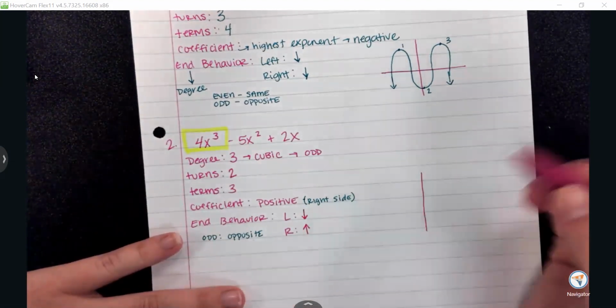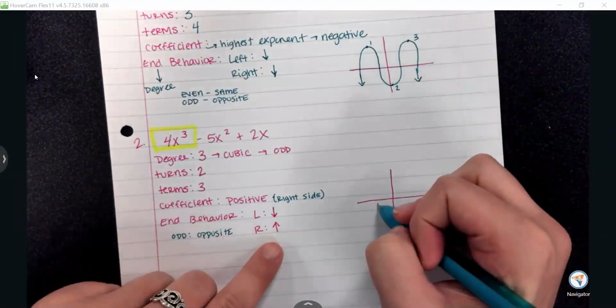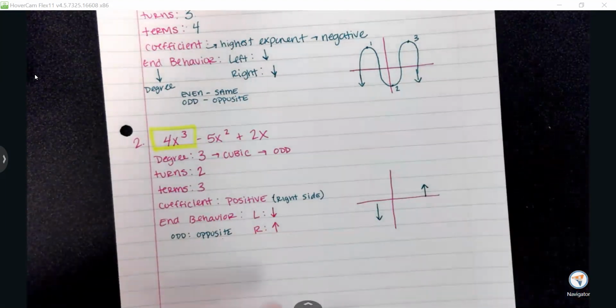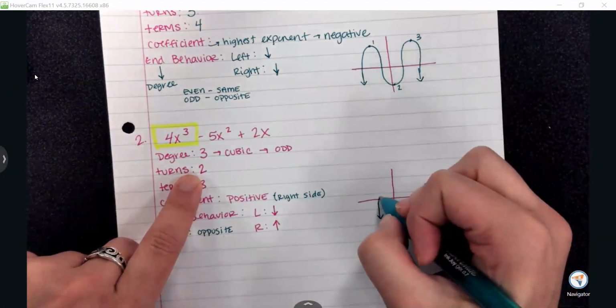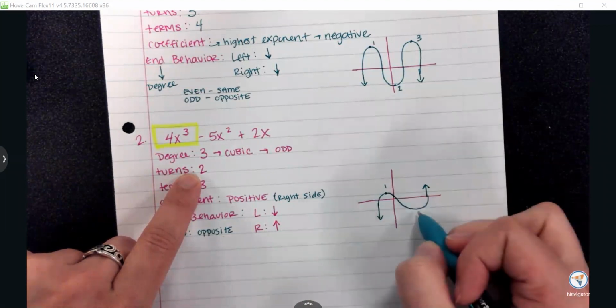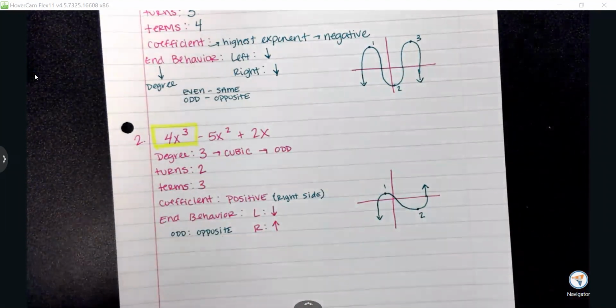So if I go sketch a quick graph, I know that my left side is negative. I know my right side is positive. I need something that only has 2 turns. So there's 1 turn and 2 turns. And if I wanted to label turn 1 and turn 2, so I know that there's 2 turns.